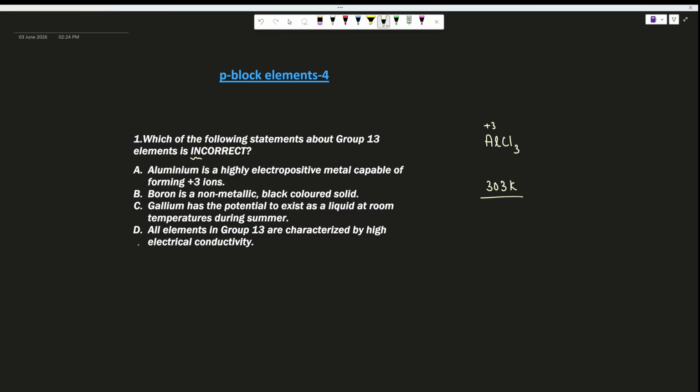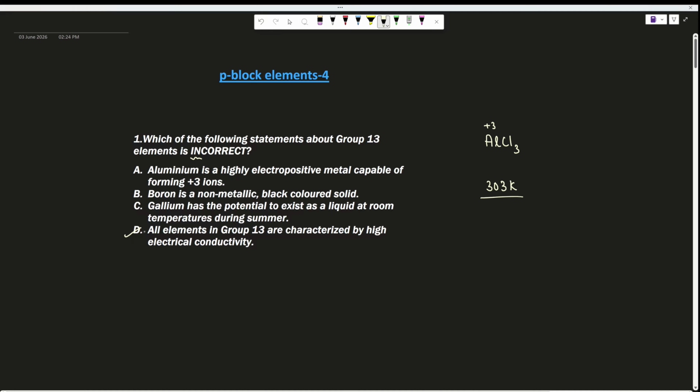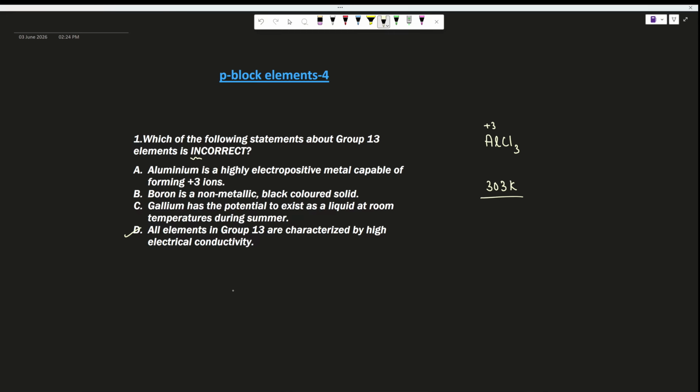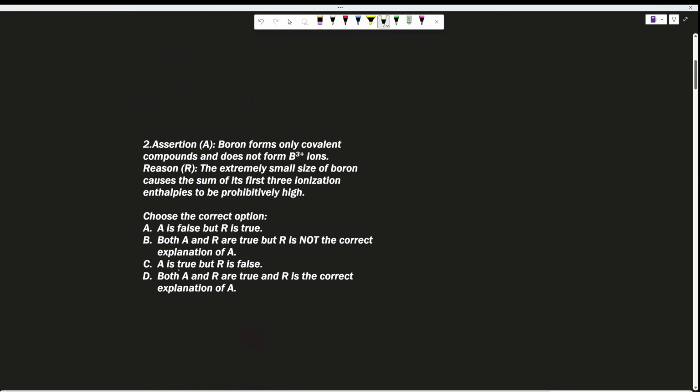And the fourth option, all the elements in group 13 are characterized by high electrical conductivity. So this is incorrect. It's not all elements, right? Boron is a non-metal, so it is not characterized by high electrical conductivity. So that statement is incorrect. Let us move on to the next question.